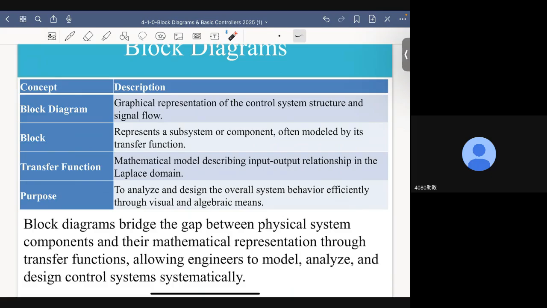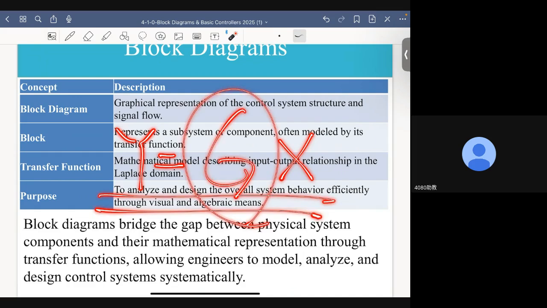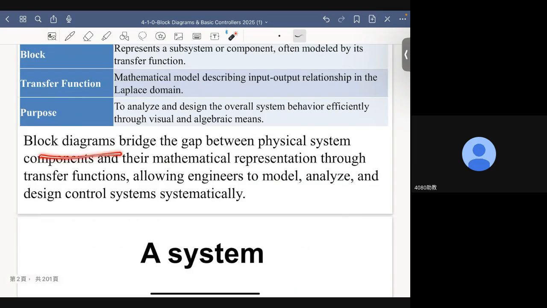And more importantly, with a transfer function model, the output of a system and the input of that system can be connected by a transfer function, via a very simple, straightforward mathematical operation, which is multiplication. Therefore, block diagrams bridge the gap between physical system components and their mathematical representation. There's a gap between a real physical system and a mathematical model.